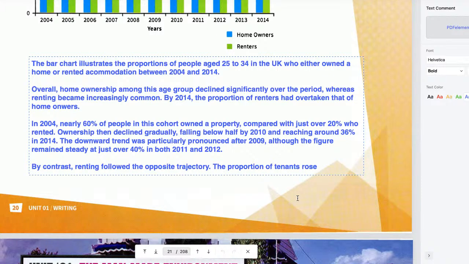It kept growing, or some time ago it went down and then up and down, or what? Yeah, it kept going up, right? So how can we describe that? I need one adverb. Very good. Consistently. The proportion of tenants rose consistently. Okay?